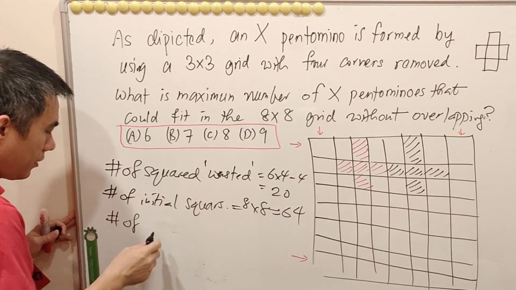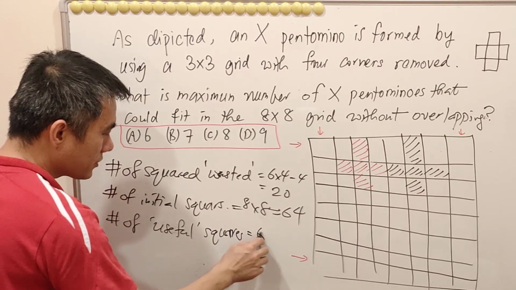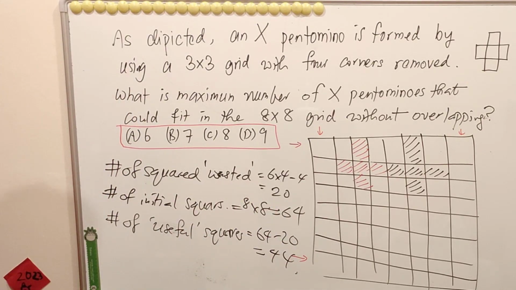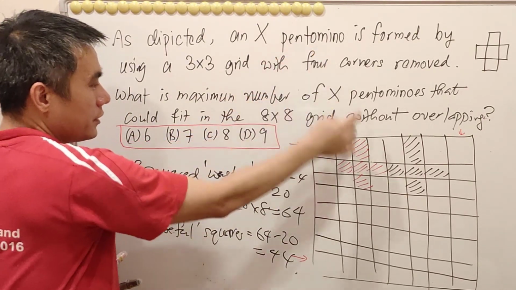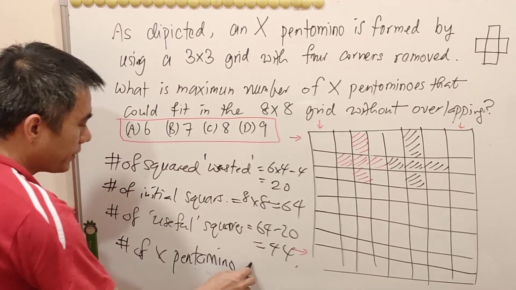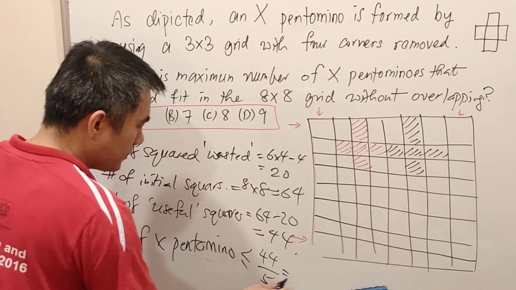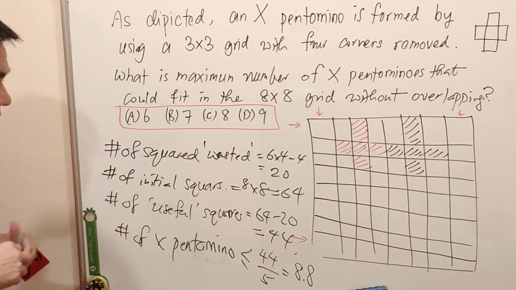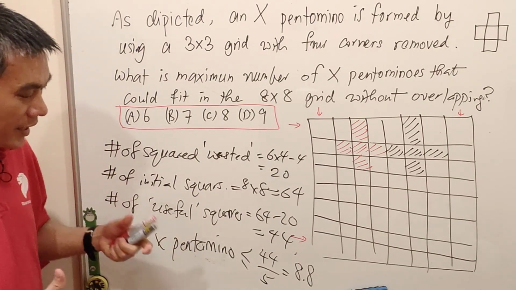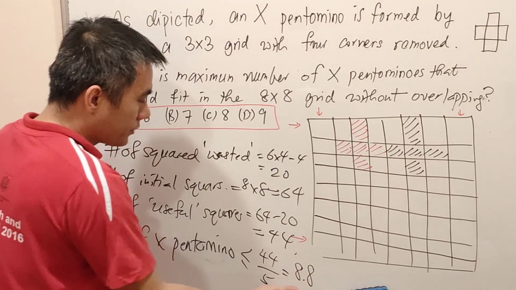So the number of useful squares will be equal to 64 minus 20, that is 44. And each of the Pentominoes occupies 5 squares. The number of X will be less than or equal to 44 over 5, that is equal to 8.8. And because the number of X Pentominoes must be an integer, the answer will be not more than 8.